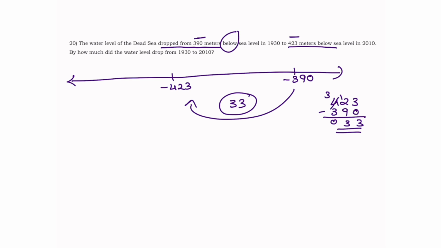If you want to do it the other way, you simply say minus 390 minus, because you're finding the distance, right? And the next number is again a minus number over here. So it is minus 390 and this becomes plus 423, which is nothing but 33. You can do this mentally also.